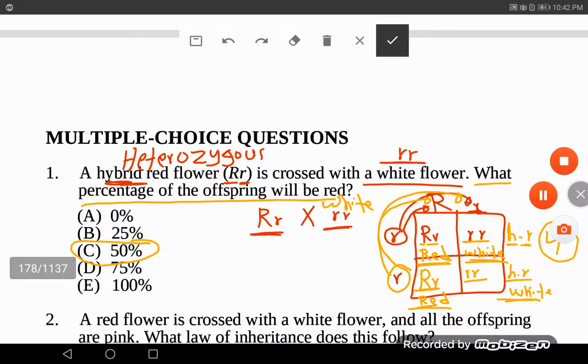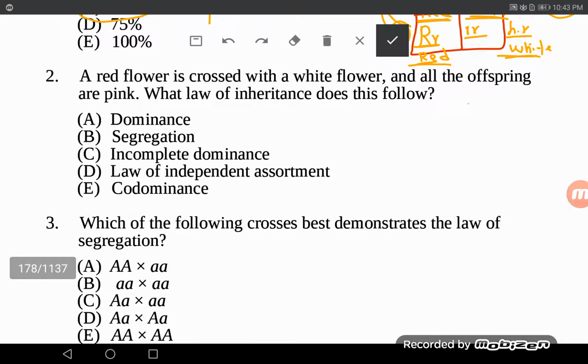Question 2 says a red flower is crossed with a white flower and all of the offspring are pink. This is a case in genetics, or in the laws of inheritance, in which we have a type of flower called the four o'clock plant. It is a Japanese flower.